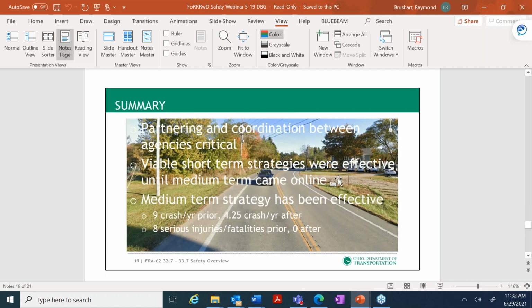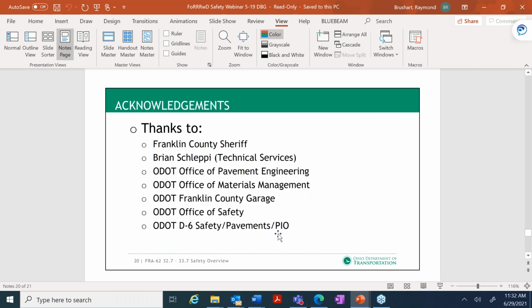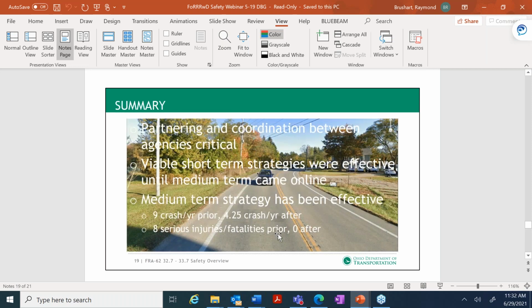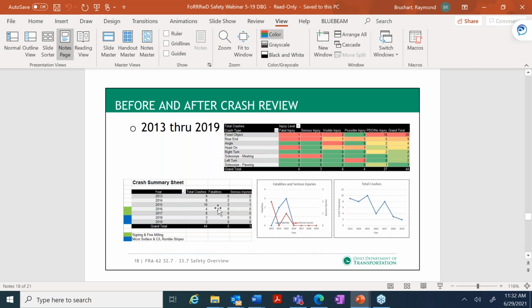So he was just going over before and after, but they did show really good crash reduction because they're all low cost treatments, like we said.